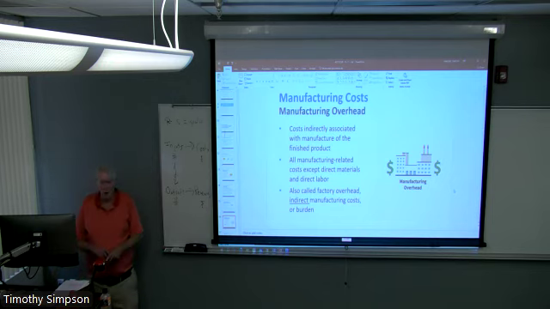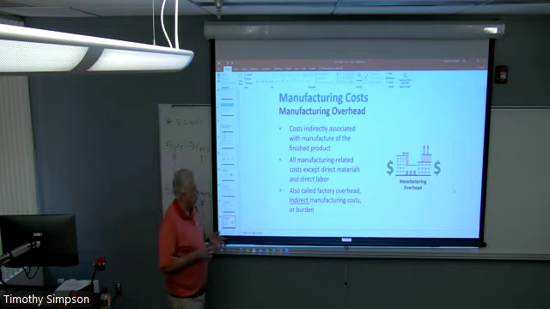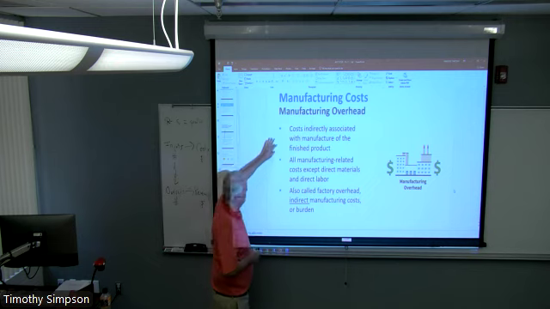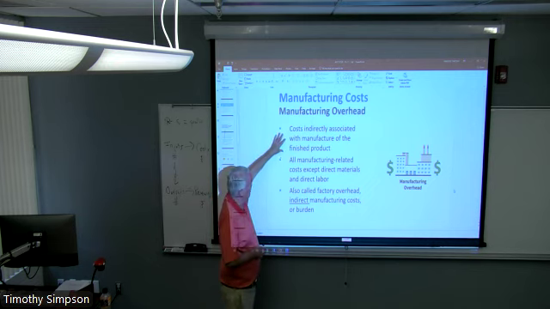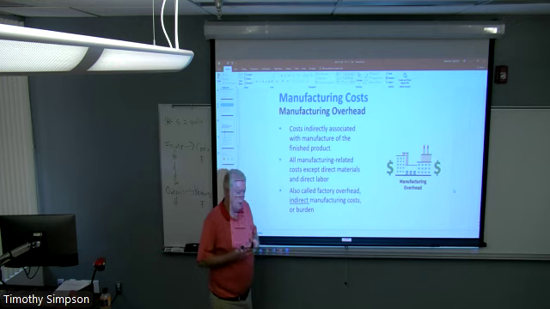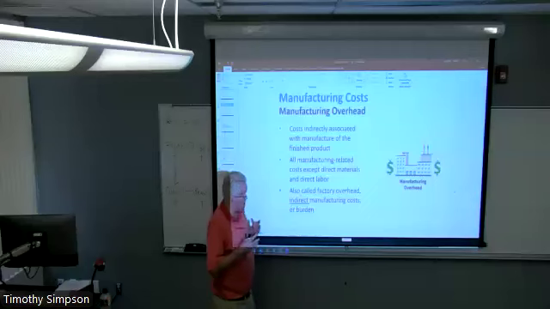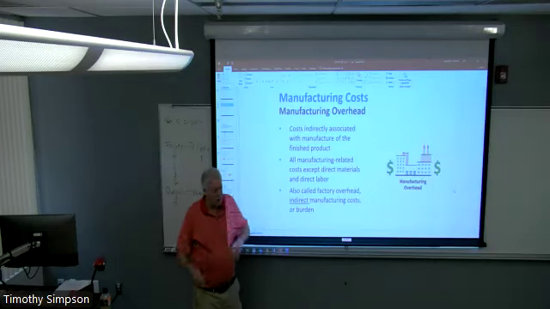Now let's talk about overhead, and this is where some of the trouble begins. And I say trouble only because it's a little bit more involved. And remember, when we talk about overhead, we're talking about indirect costs. We can't trace direct materials or direct labor to the cost. So we have indirect materials, indirect labor, and a lot of other things which are in addition to those.